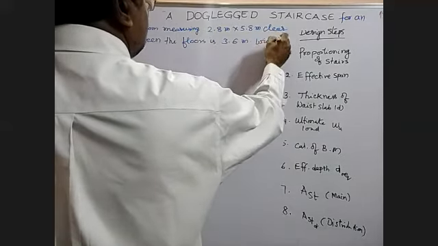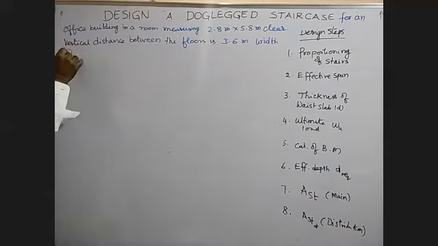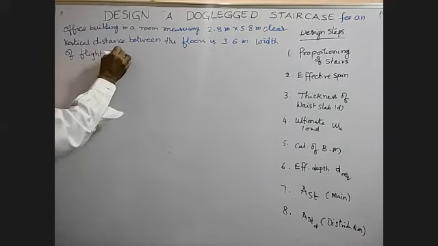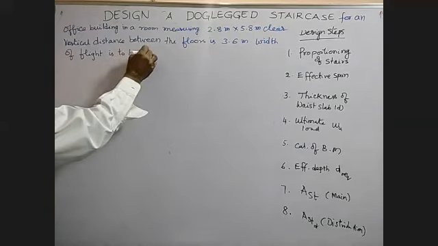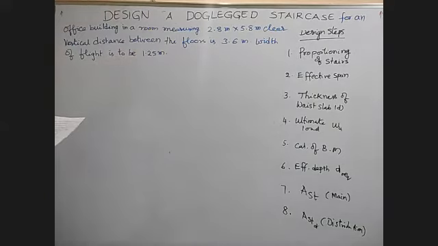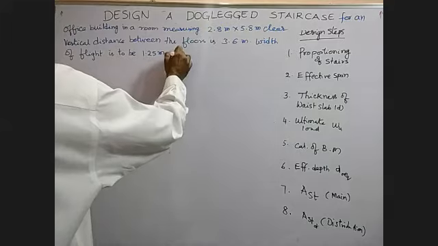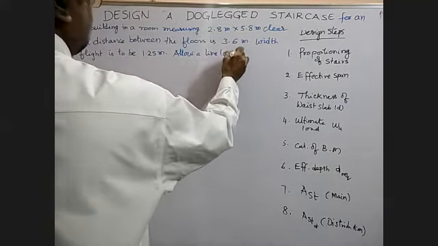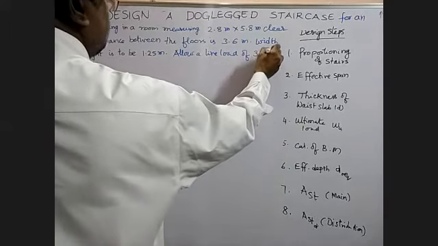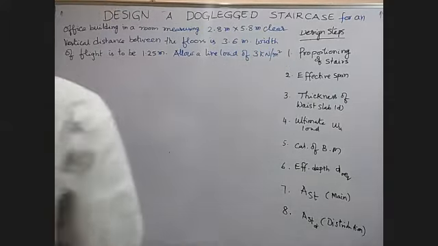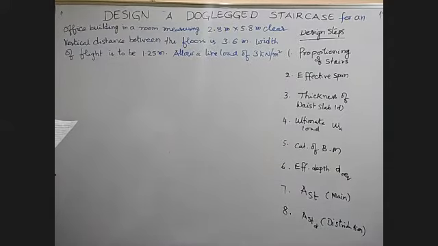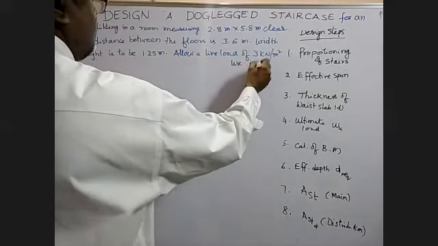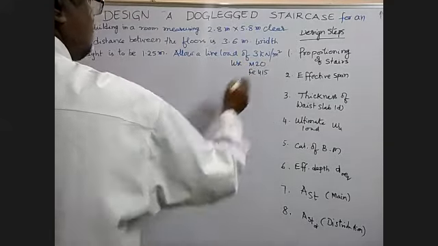Width of flight is to be 1.25 meters. Allow a live load of 3 kilonewton per meter square. Use M20 and Fe415 grades of concrete and steel.